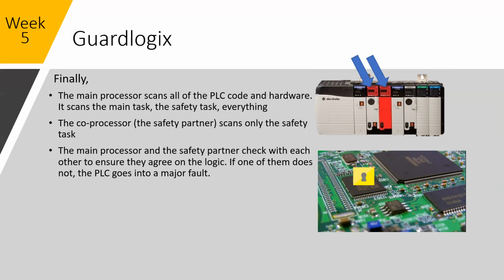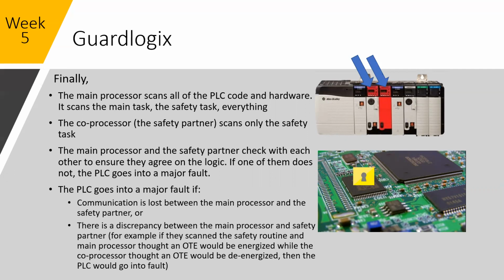So if the main processor runs through a scan and it were to calculate that a specific device is supposed to be open or a specific output should be on, but then the safety processor, its coprocessor, runs through the same logic, evaluating the same IO, and finds that it doesn't agree, it will major fault the whole system, and then the fault routine will shut down in the most controlled way programmed into the system.